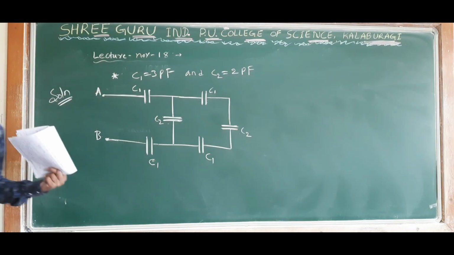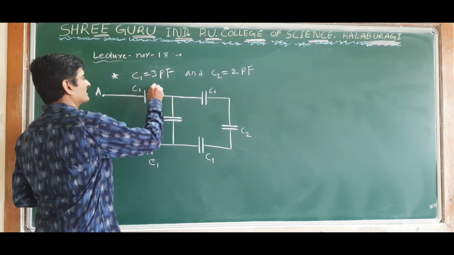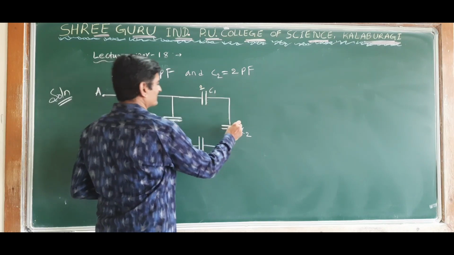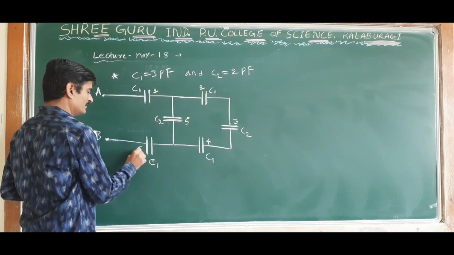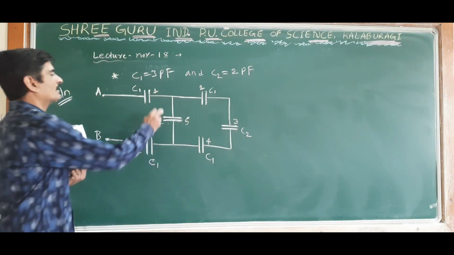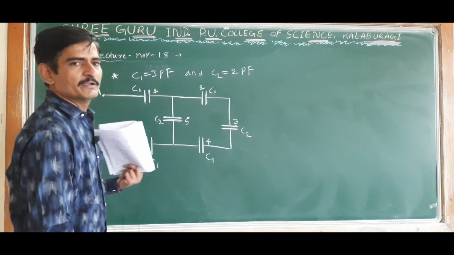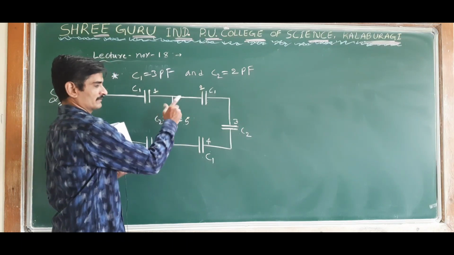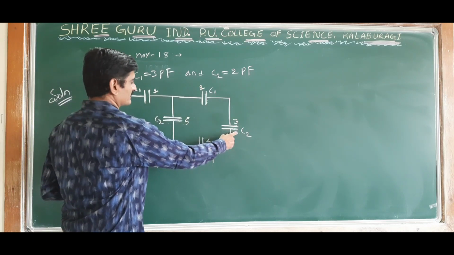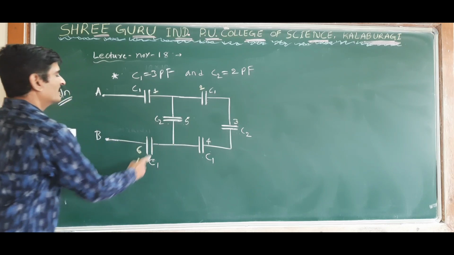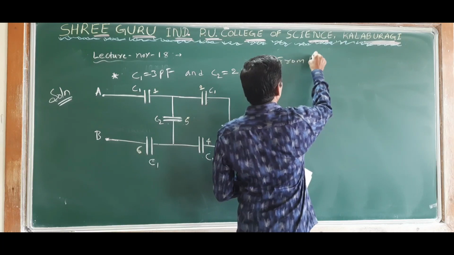I am numbering the capacitors so that we can solve easily: first, second, third, fourth, fifth and sixth capacitor. So totally 6 capacitors.